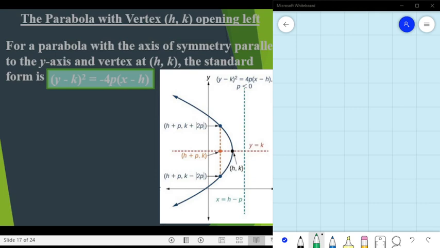So ang imong axis of symmetry is the same sa opening right, y equals k. And then, ang imong directrix is h minus p.